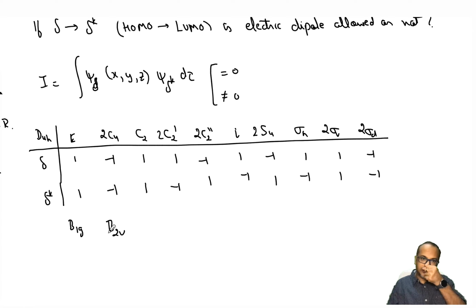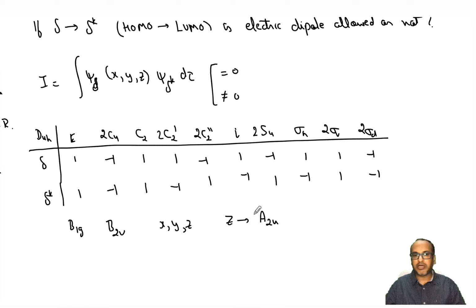Okay, so now I have found the irreducible representations corresponding to the bases delta and delta star. Now for X, Y and Z, Z corresponds to A2u.